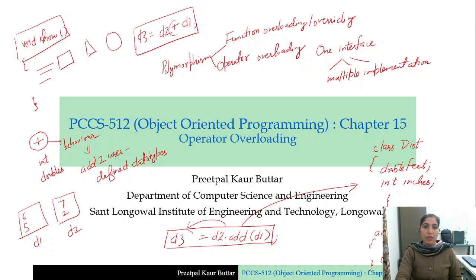So here, this plus operator is now overloaded. Why? Because now it is not operating on integers or doubles or floats. It is operating on a user defined data type. When a normal operator is operating on user defined data types, then we say that the operator has been overloaded.